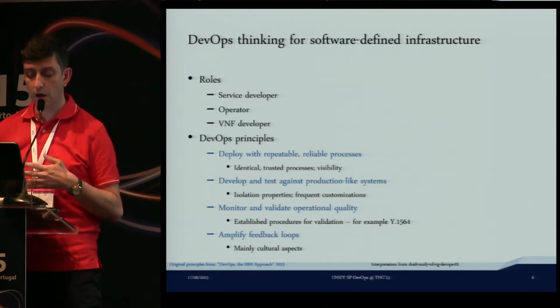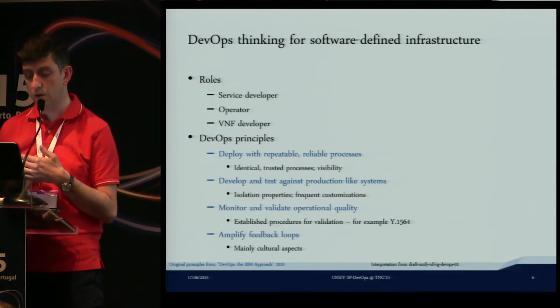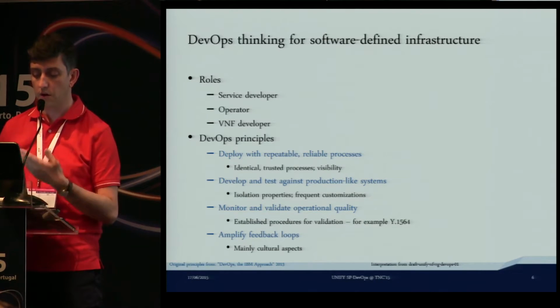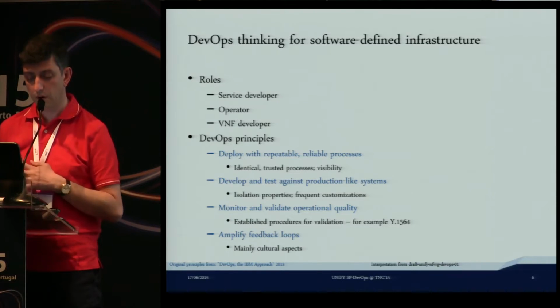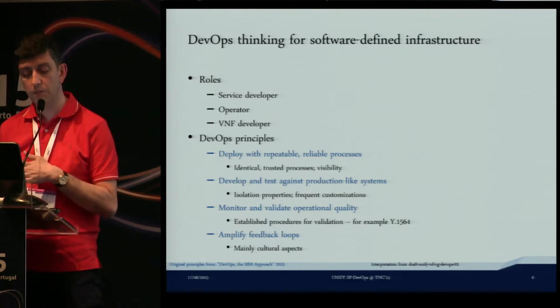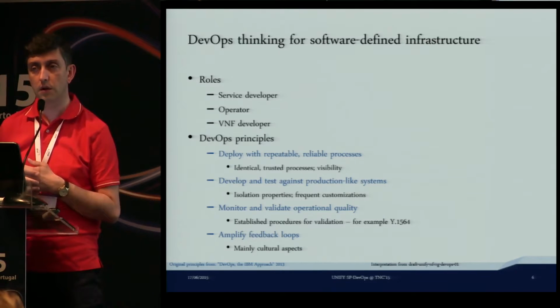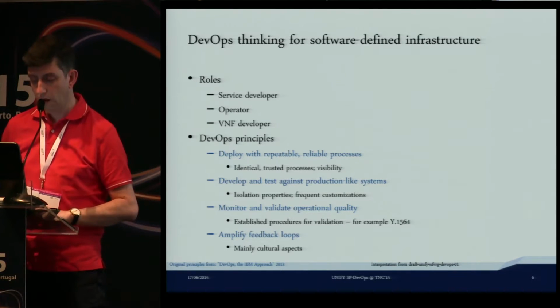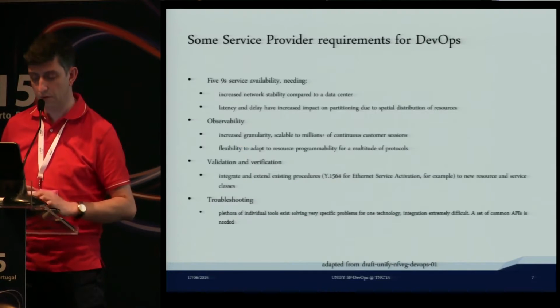And we need to establish a procedure for validating new services that are introduced. So, for example, we need to generalize Y.1564, which was defined for Ethernet services. Something we don't address in the project is the amplifying feedback loops between the developers and operators, because this is very much culture related, and we are technical people. Unfortunately, there's no time in the project to do that.